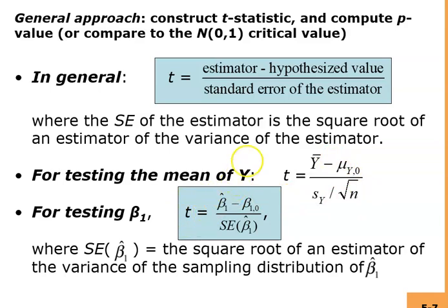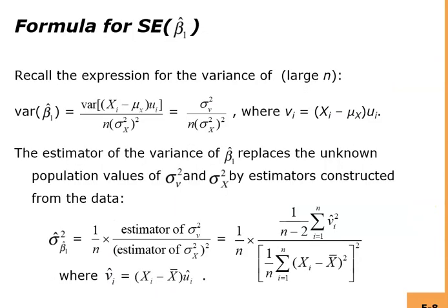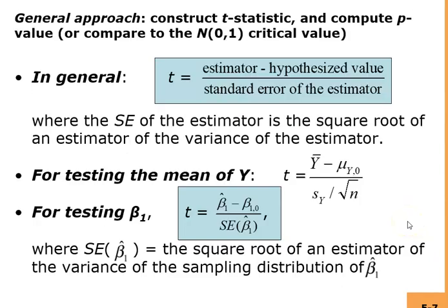We have the sample beta 1 hat, which is calculated from the OLS analysis from the regression, minus the hypothesized population estimator divided by the standard error of beta 1 hat, where the standard error of beta 1 hat is equal to the square root of an estimator of the variance of the sampling distribution of beta 1 hat.